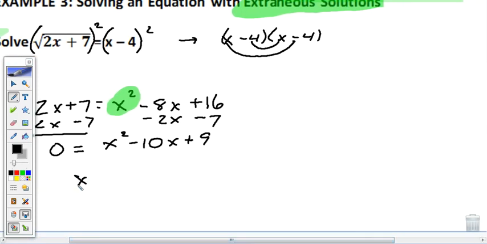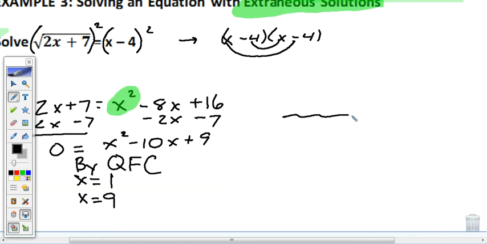This is telling me that x is equal to, and those are the solutions we get, right? I want to talk about those two solutions.